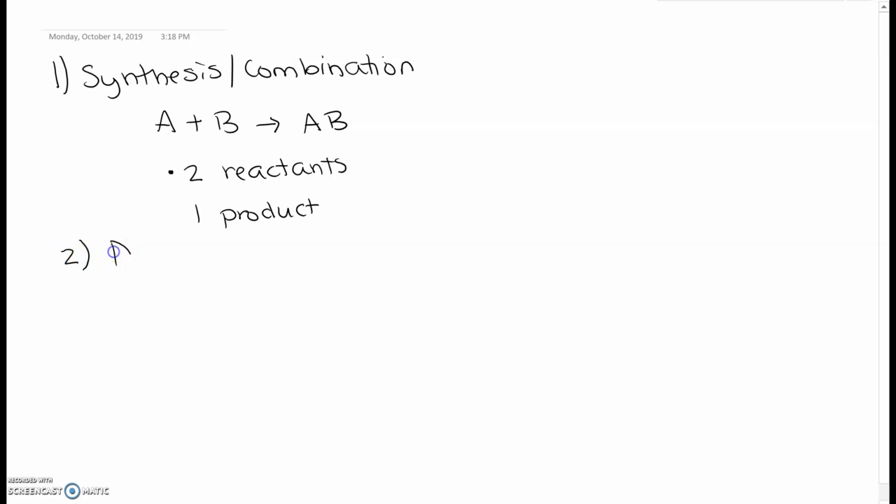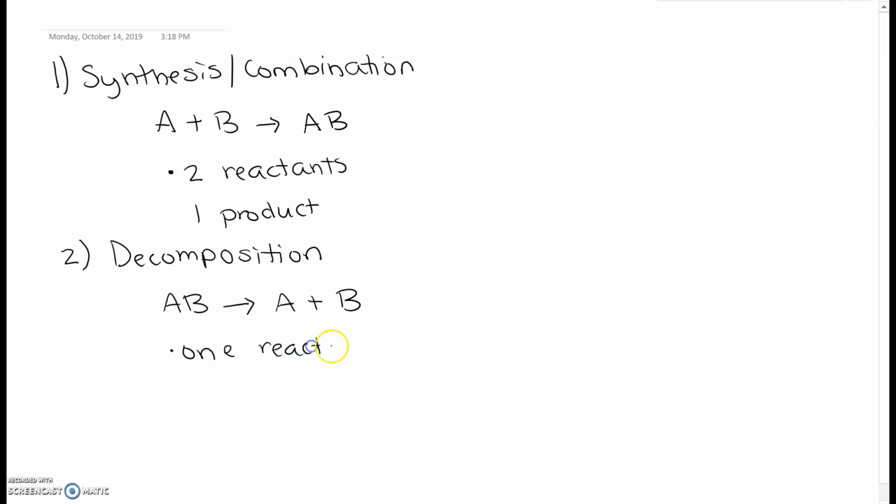The second type of reaction is decomposition. A decomposition reaction, right, something's going to be breaking down. So I have the general form AB yields A plus B, in which I have one reactant breaking down into 2 products.